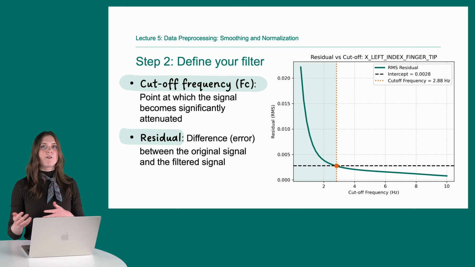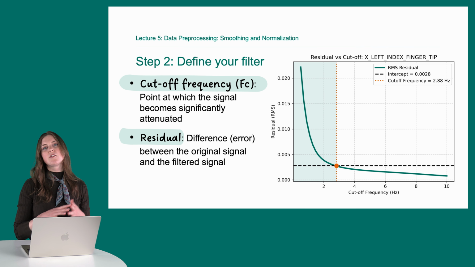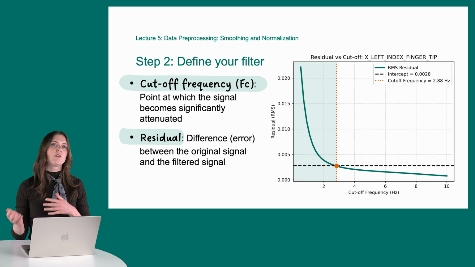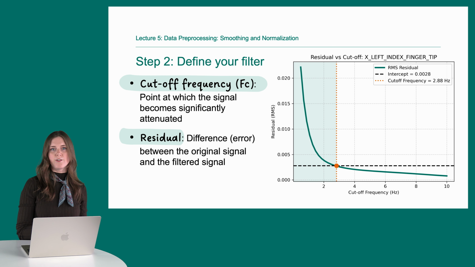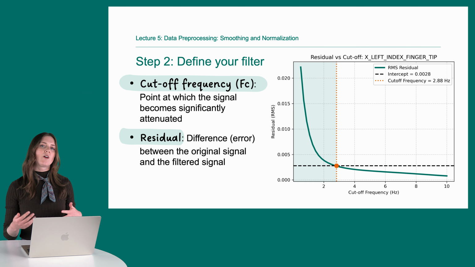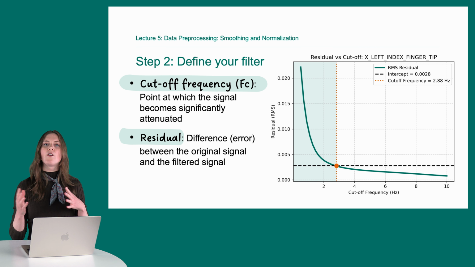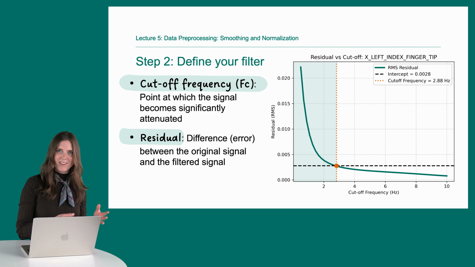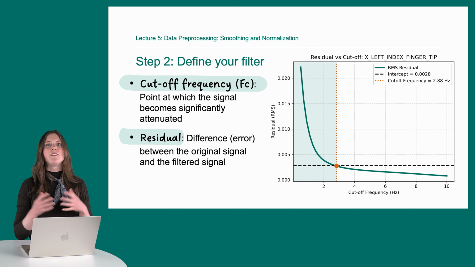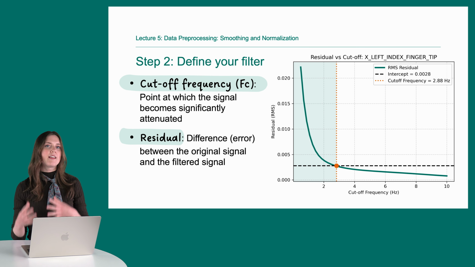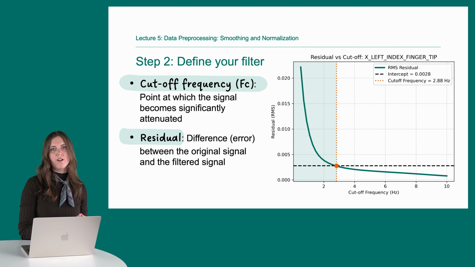We want to pick a cutoff frequency where the residuals begin to plateau, and we call this the noise floor, which is defined by the intercept. This gives us a recommended cutoff frequency of 2.88 Hz in this example. So in this case, we would apply a second-order Butterworth filter with a cutoff frequency of 2.88 Hz.